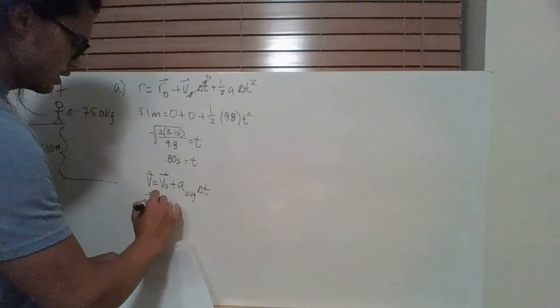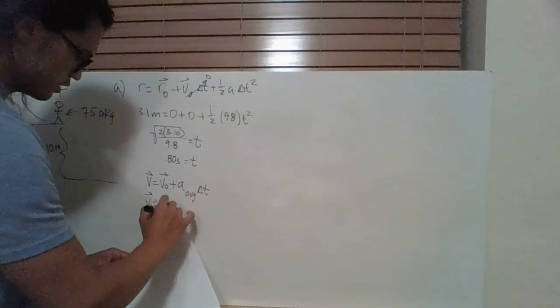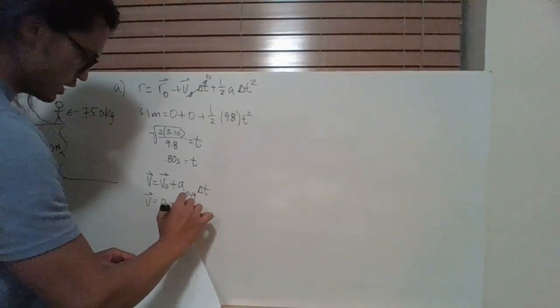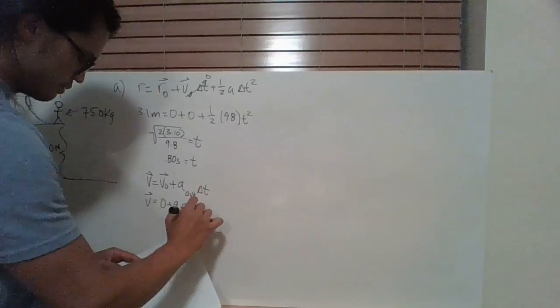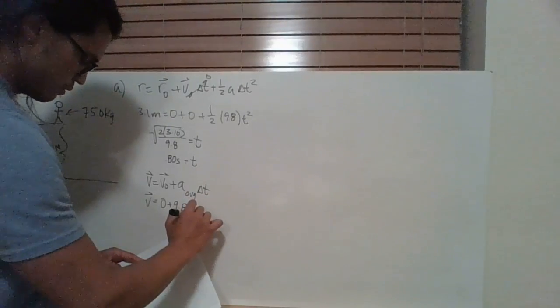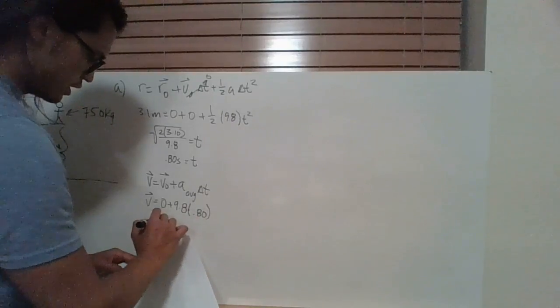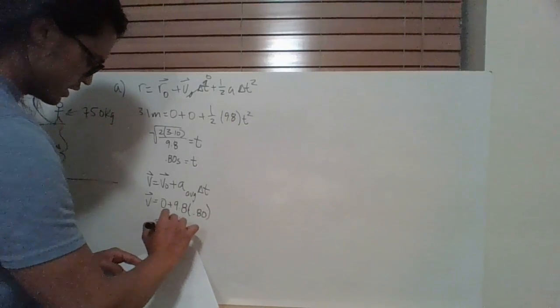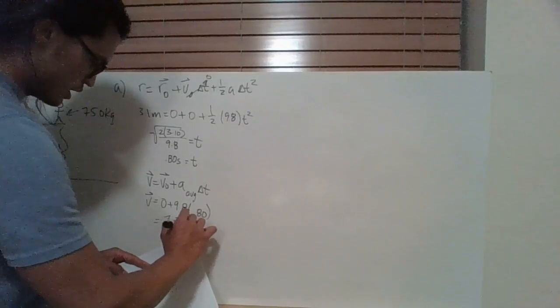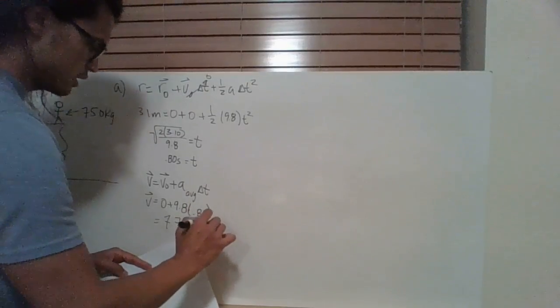So V equals 0 plus 9.8 times 0.80, which equals 7.79 meters per second.